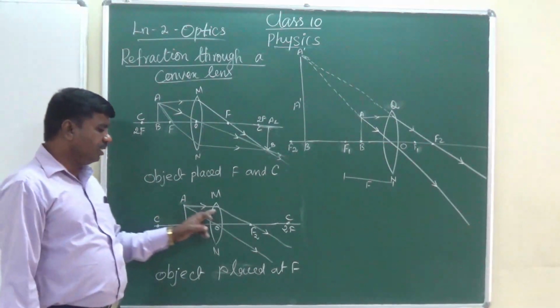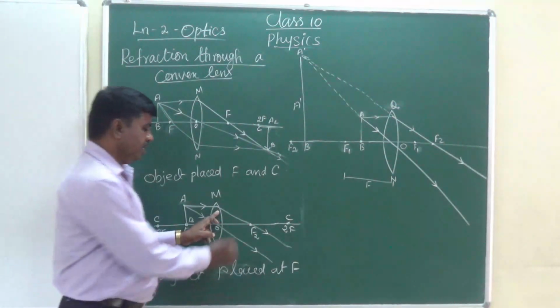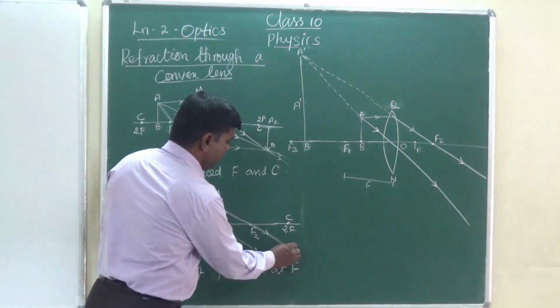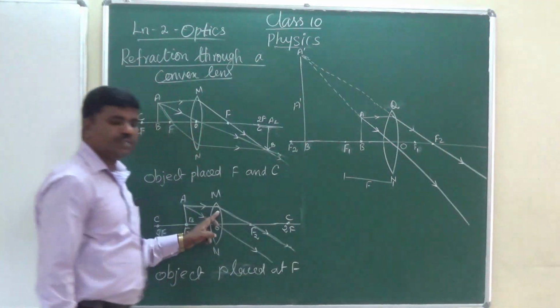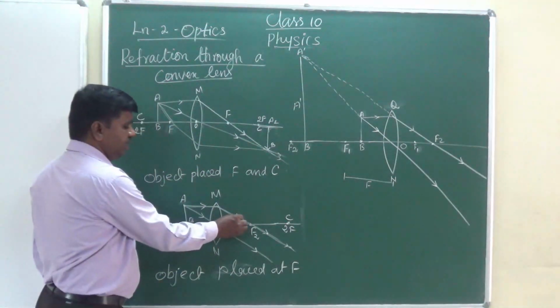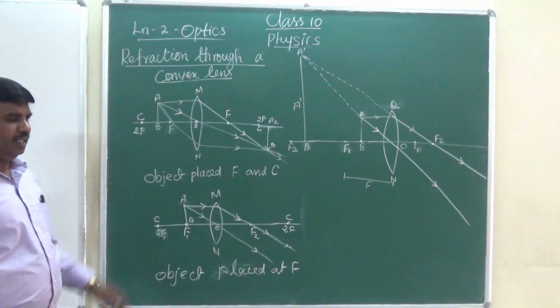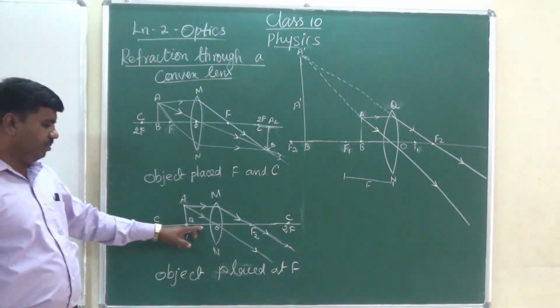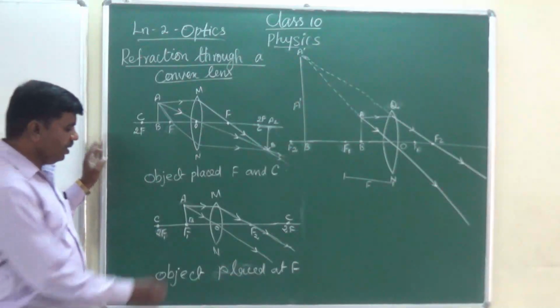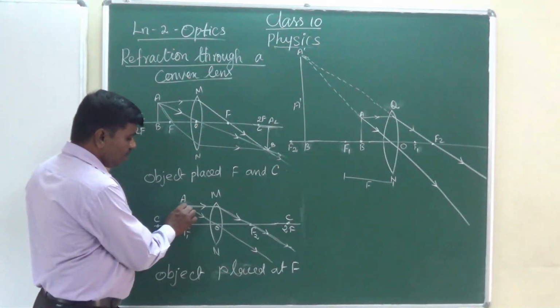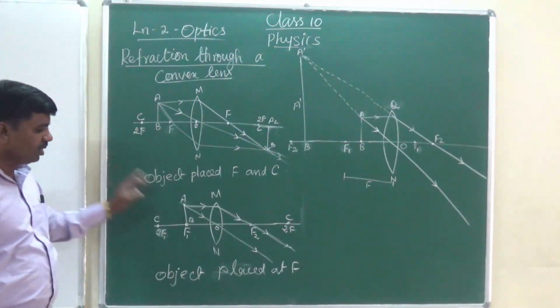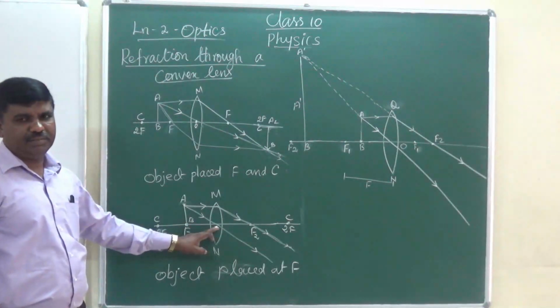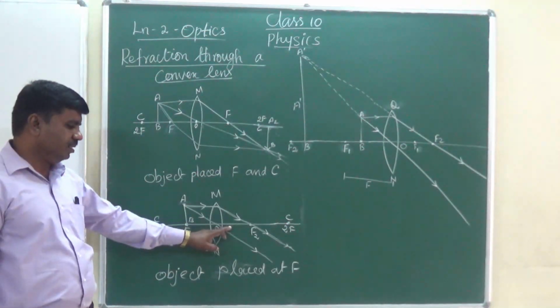After that, at the lens, deviation takes place. The rays deviate. The same way, the ray from the same source passing through the optic center, through the optical axis.